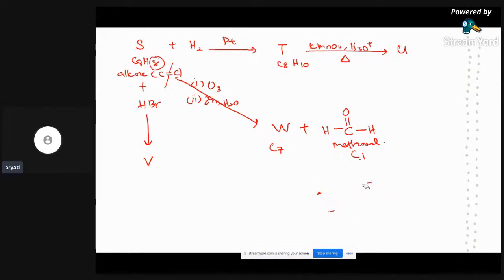So kita kena cuba lukis yang lain pula. Okay, so kita cuba lukis kalau ada benzene ring. So benzene ring ini ialah C6H6.